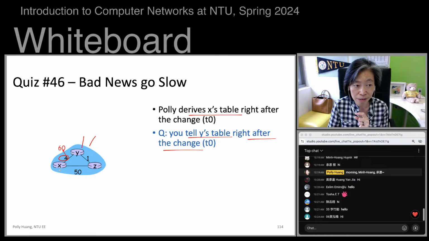X is here, the other end of the link. What I will be doing for X will be very similar to what you do for Y. So let me play the video deriving X's table right after the change. You want to pay attention and see if you can follow suit and derive Y's table after the change.